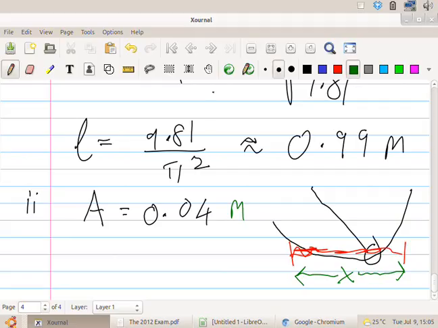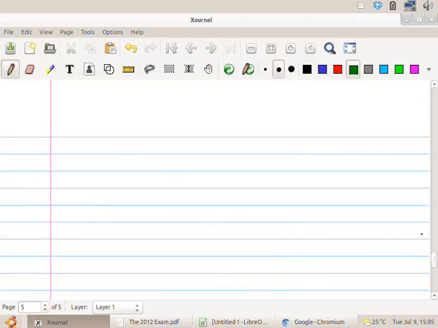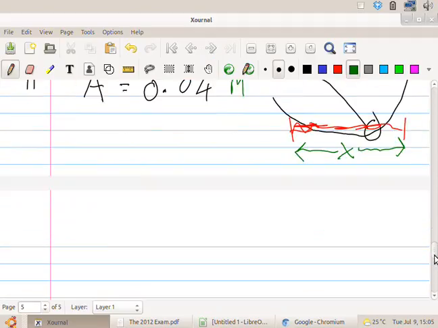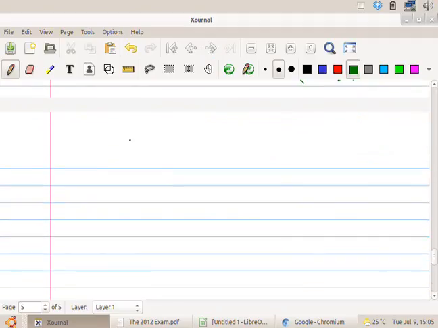Okay? Now, I have a feeling in the marking scheme they're not going to do it this way. I'm going to use kinetic and potential energy, but I think they might use more of the simple harmonic motion formulas. But I would like to use a little bit of trigonometry. So at the beginning, the pendulum is like this, isn't it? And then at the center, it's like this.